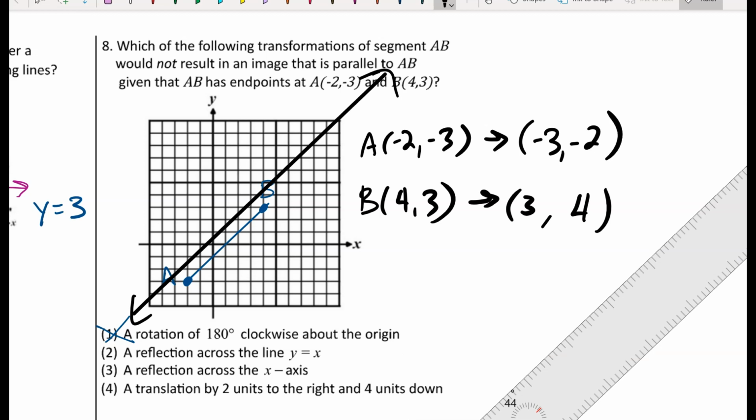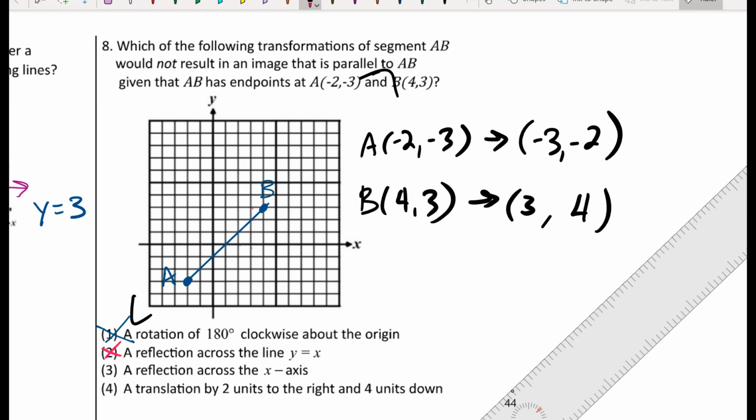And if I go to plot those, watch what happens. I'm going to erase this in a second. I have negative 3, so left 3, down 2, right there, and 3, 4. Well, looks to me like that's still parallel, so that's not going to help me. And the reason that happens is because AB is already parallel to y equals x.